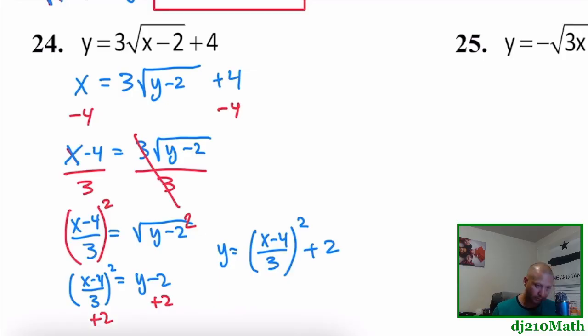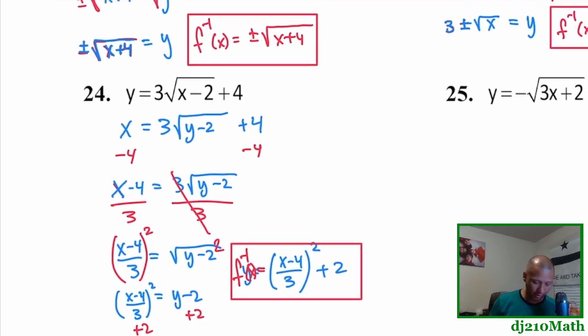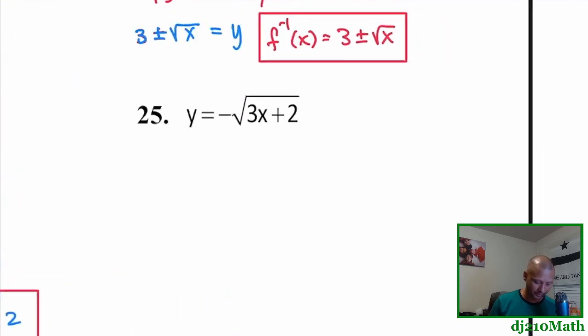And then to save some space, we're just going to change this to f inverse of x. I'm going to write over it. F inverse of x. Let's go. You can tell it's late because we're starting to get lazy. Just write over it. You'll be good.